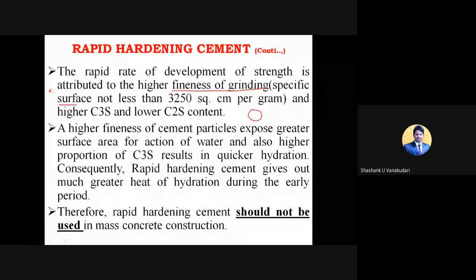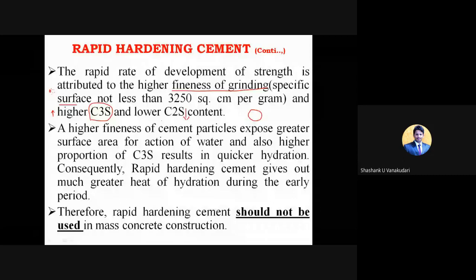And here there is a higher C3S and lower C2S content. The content of C3S, that is tricalcium silicate, will be higher, whereas the C2S content, that is dicalcium silicate, will be lower.